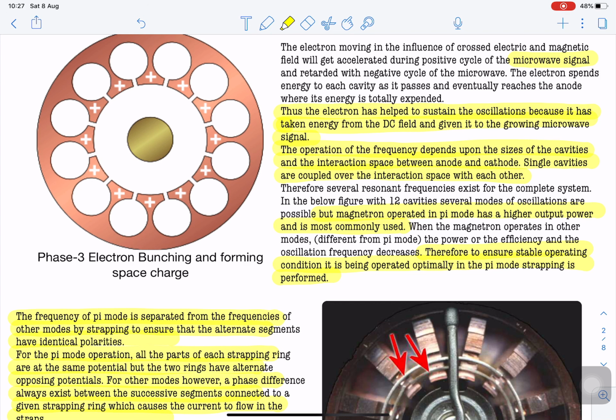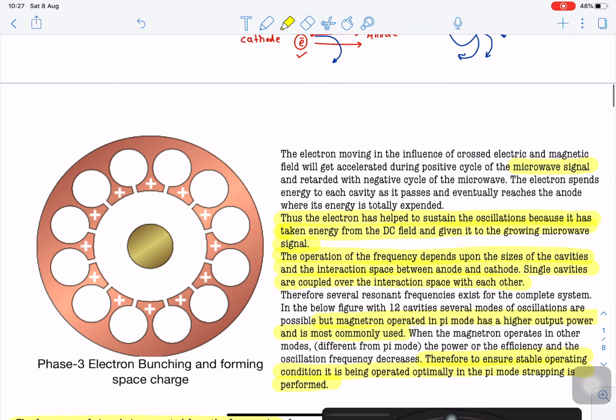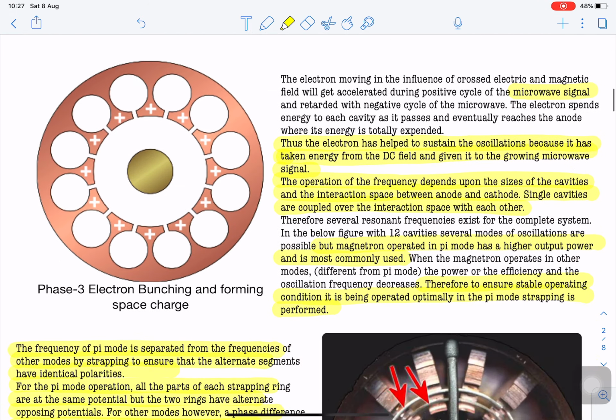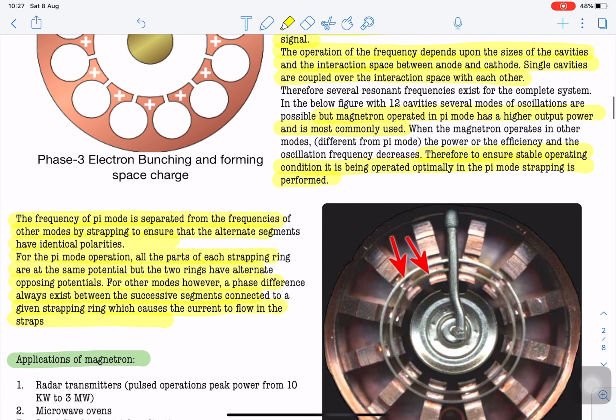Sustained oscillations are difficult to get whenever the magnetron operates in a mode other than the pi mode. Therefore, in order to ensure a stable microwave frequency, it is made sure that the magnetron always operates in its pi mode.